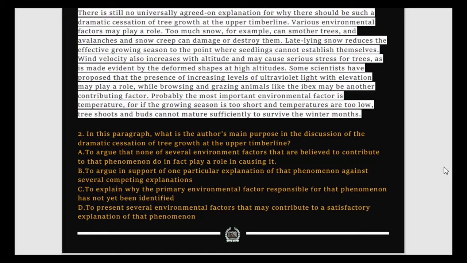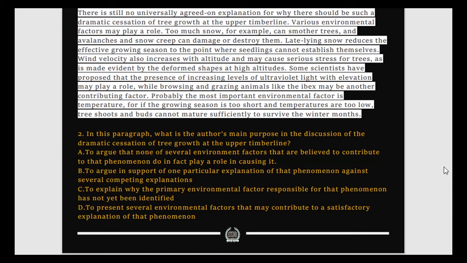This also is incorrect because the author is giving us many factors that may play a role in a dramatic cessation. So this is not a correct answer because the author is not trying to support one factor against several factors.